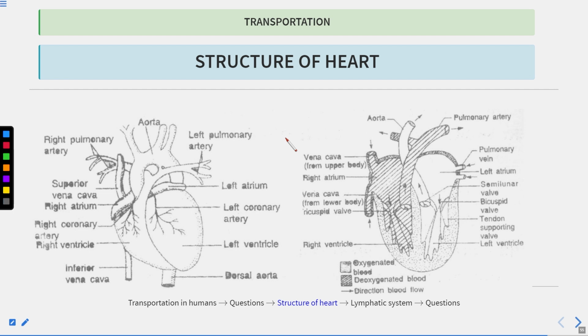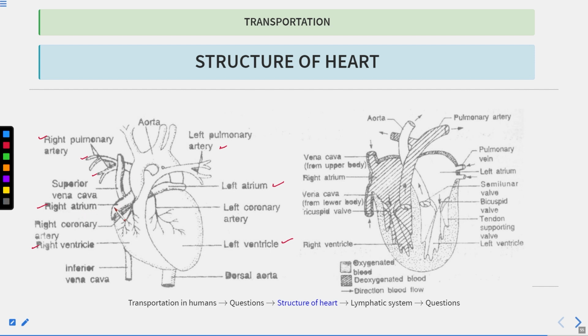Again, you can see the image of the heart here. We have studied that there are four chambers: left atrium, right atrium, left ventricle, and right ventricle. I think now you will be able to understand the flow of the blood also. Here you can see the right pulmonary artery, and this is the left pulmonary artery.